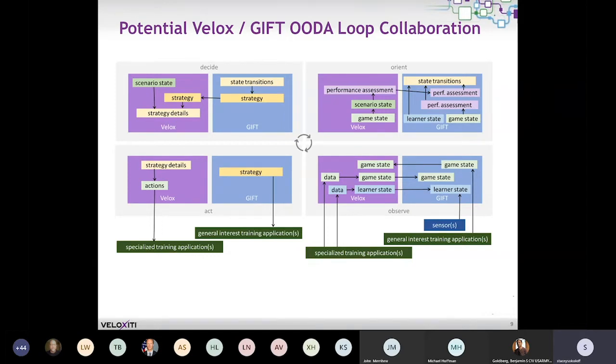So it's integration. Just like observe, both sides play a role. GIFT currently has built-in integration with VBS3. We built systems using Velox that integrate with ATAC. But if there's common use for that, then perhaps some of that should be moved into GIFT.